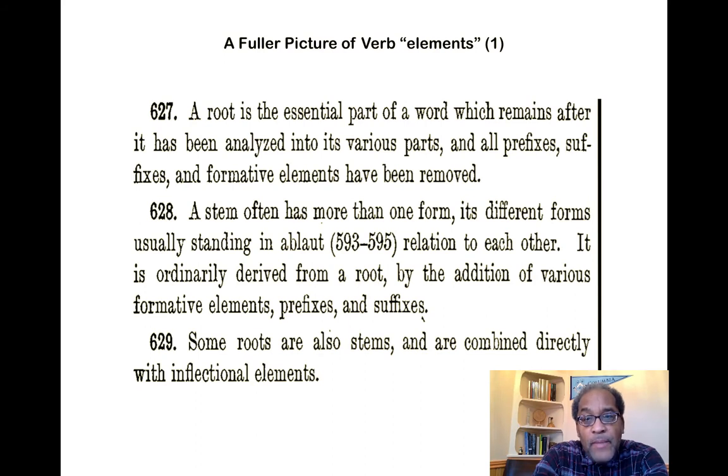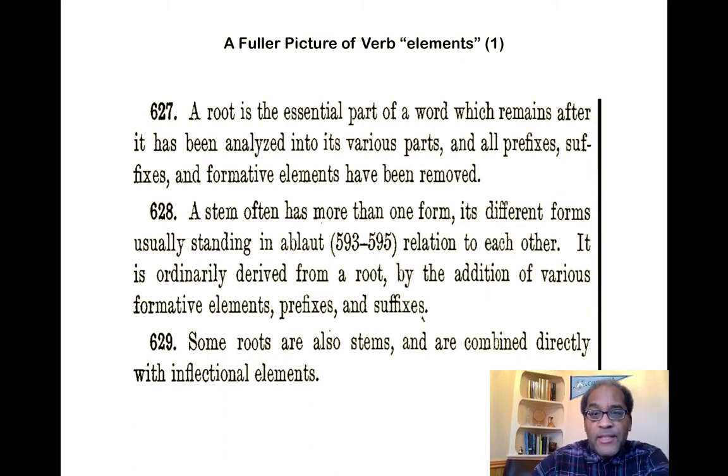A stem has often more than one form, its different forms usually standing in ablaut relation to each other, and we'll talk about ablaut in a second. It is ordinarily derived from a root by the addition of various formative elements, prefixes, and suffixes. Some roots are also stems and are combined directly with inflectional elements.